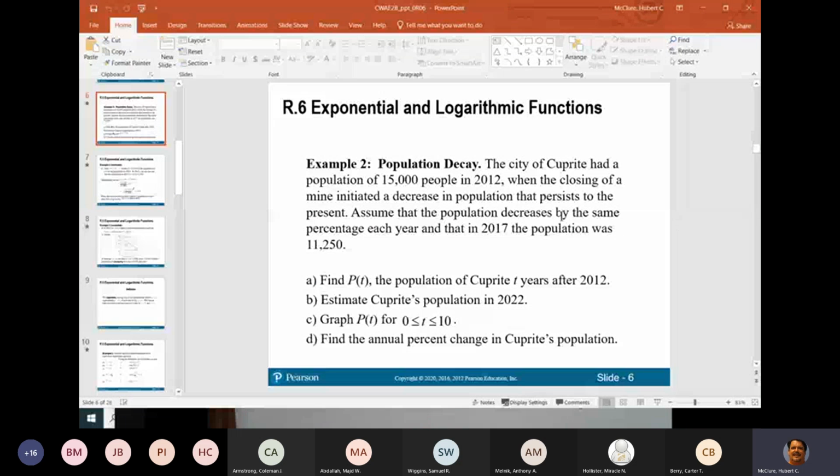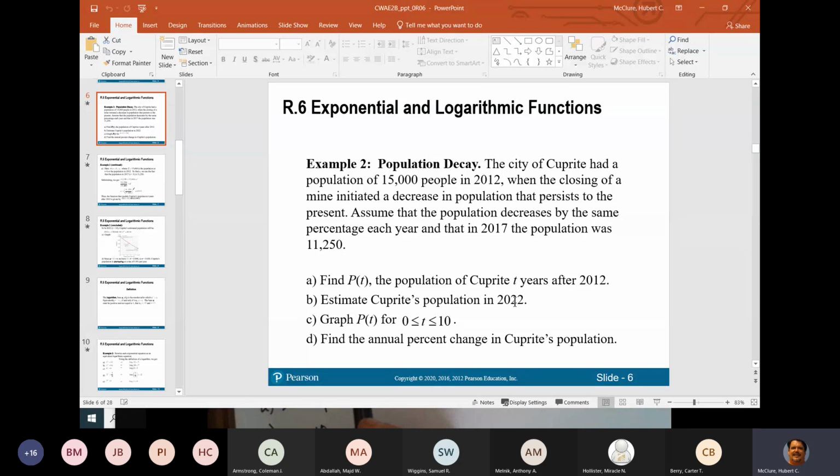Okay, and it says the population of Kuprit T after years, and then estimate 2022. So A is going to be the setup. B, what is X in 2022? 10. So X is equal to 10 with B. And graph P of t between 0 and 10.